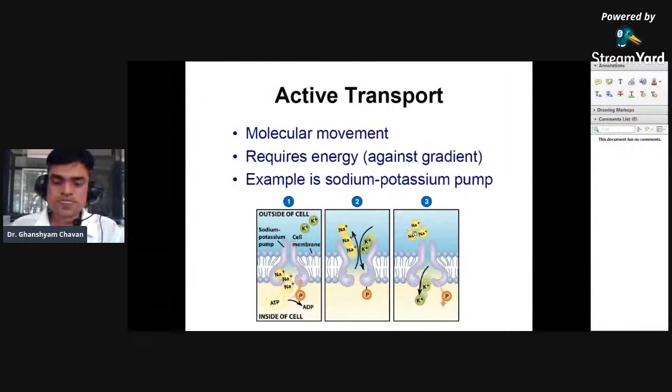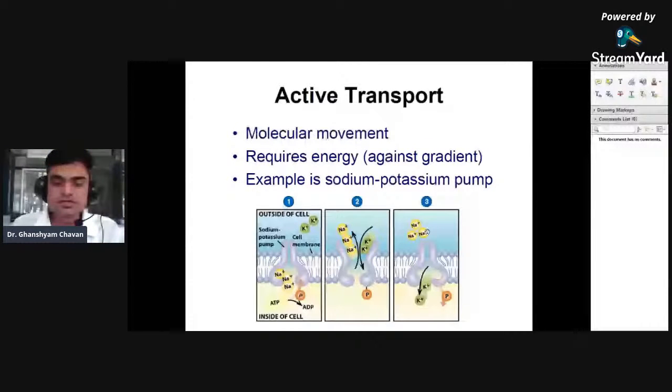It also works in your kidney. In the kidney also this pump is available. In the case of potassium sparing diuretics, they work on this principle, because your body wants this potassium. So potassiums get inside, and these sodiums are thrown outside.